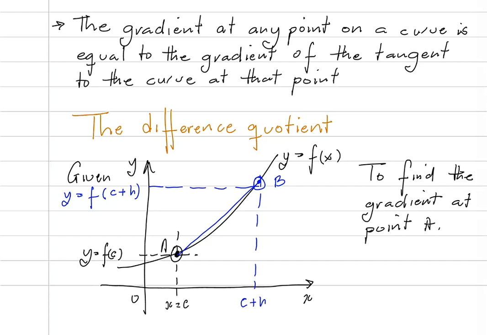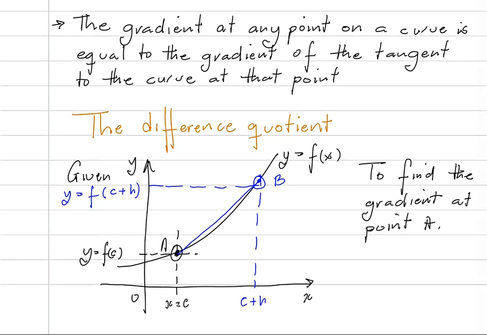So what we're going to do is select another point on the curve y is equal to f of x, and that is the point B, such that B is a point that is close to A. The x coordinate at B is c plus h, and the y coordinate is f of c plus h.